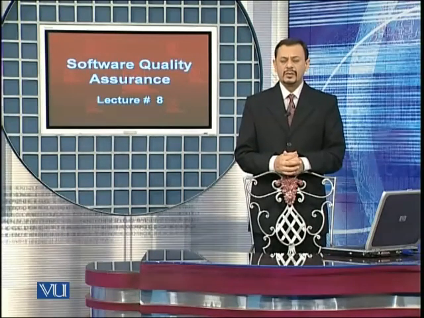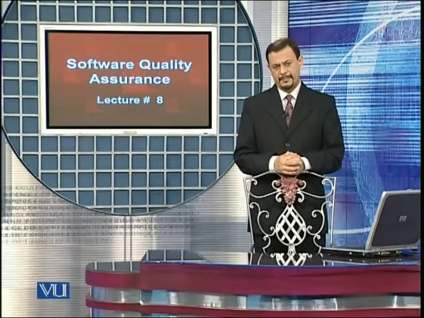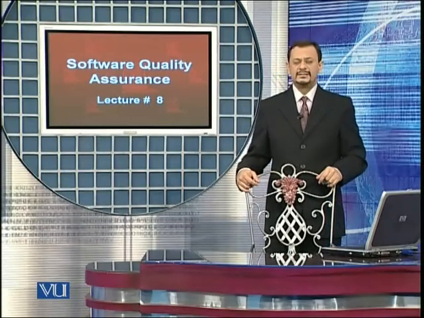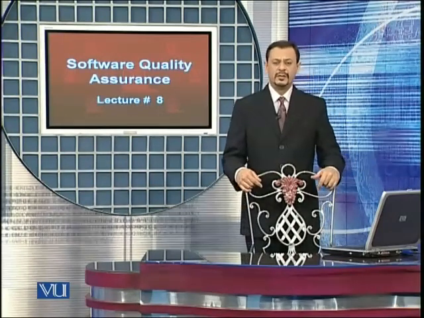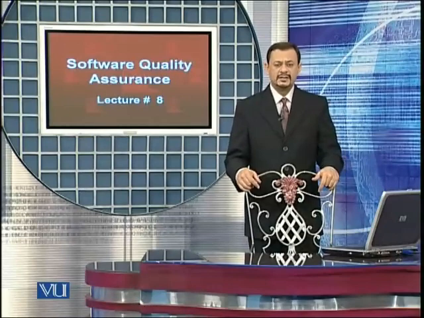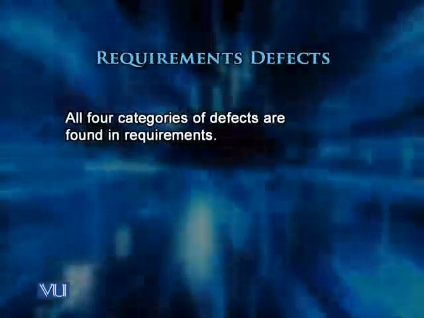Now let's talk about requirements defects. We have said before that requirements is a source of many defects. If we analyze requirements, we find that all four kinds of software defects are found in requirements.